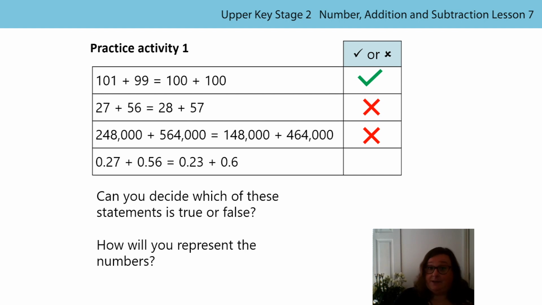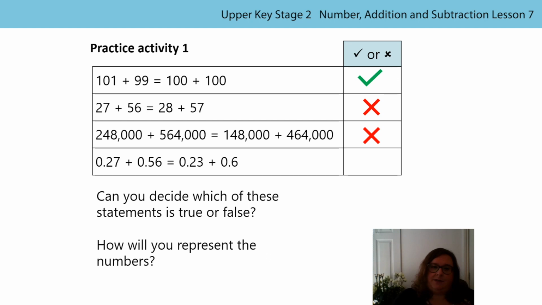Let's see what's happened to my addends. So 0.27 or 27 hundredths has had 4 hundredths subtracted to make 23 hundredths. So I've subtracted 4 hundredths. If I've subtracted 4 hundredths from one addend, I need to add 4 hundredths to the other addend.